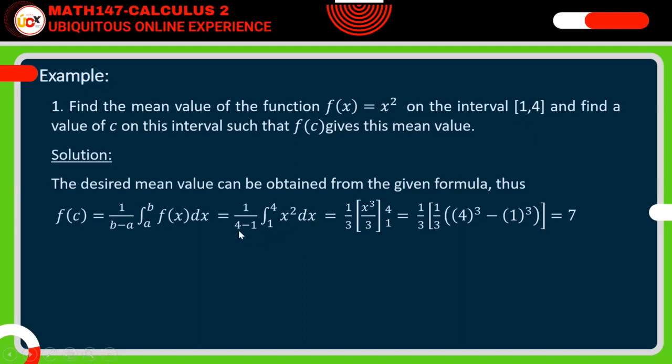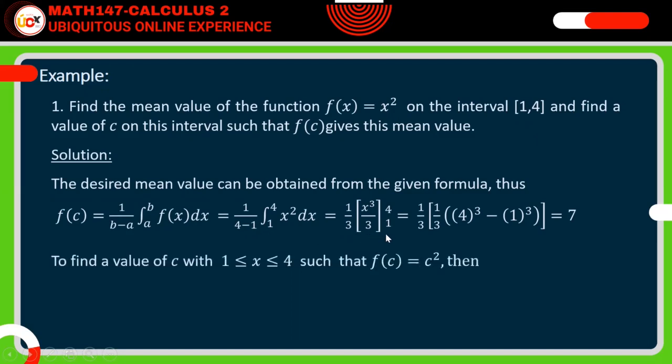Of course, 1 divided by 4 minus 1 is 1/3. The indefinite integral is x cubed over 3 to be evaluated from the lower limit 1 to the upper limit 4. So this will give us 1/3 times the value of x cubed at the upper limit 4 minus the value of x cubed at the lower limit 1. And this will give us f at c is equal to 7.